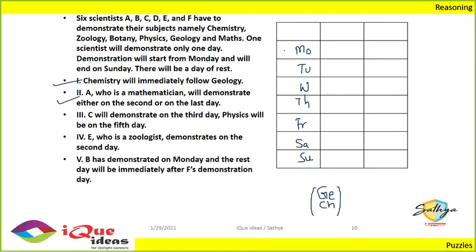So this is the first, second, third, fourth, fifth, sixth and seventh or last day. So A, who is a mathematician, will either demonstrate on the second day or on the last day. I don't know which one. It can be either one of them. So I'm keeping both my options open.